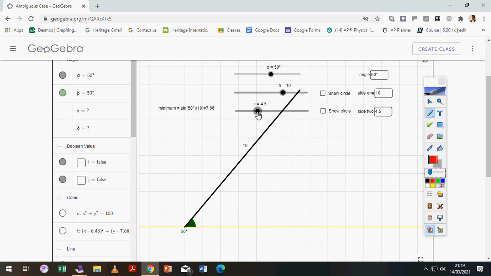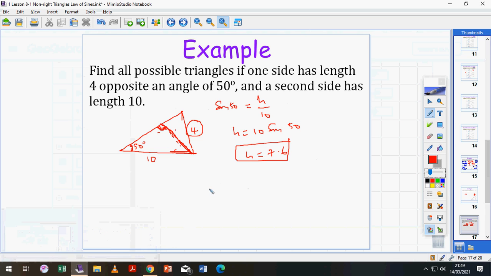There is nowhere that circle intersects with the base of this triangle in order to make a triangle. So with these measurements, I have 0 possible triangles. So that's your solution. Then there's no possible triangles for this. Finished.